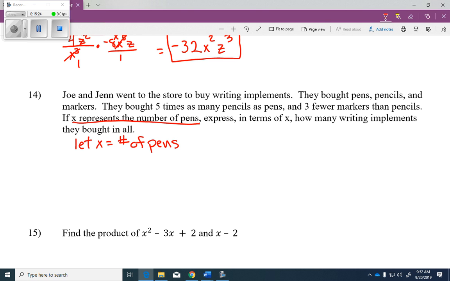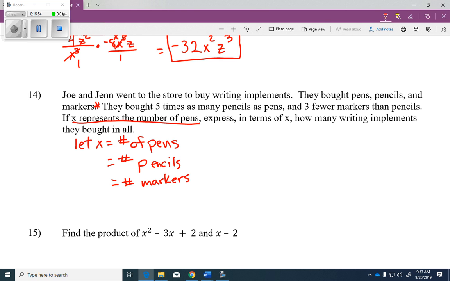Before I could add my pens, pencils, and markers, I need something to represent the number of pencils, and I need something to represent the number of markers. So I'm going to go back and read. Right here, this statement helps me with some let statements.